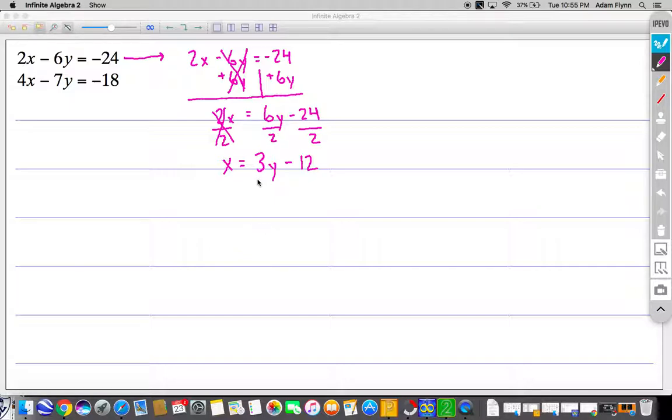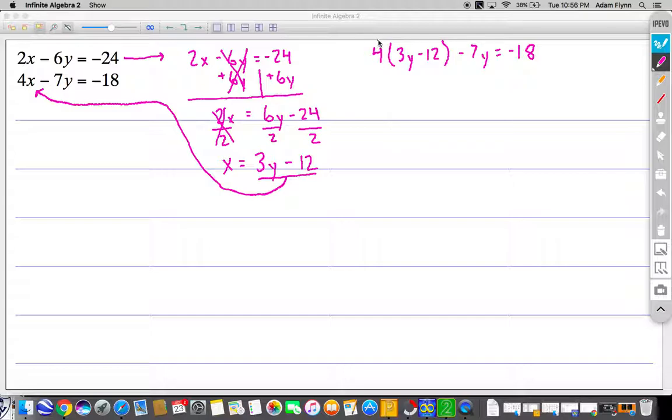So now that I know that x equals 3y minus 12, I will take that 3y minus 12, and I'll plug it in for x in my bottom equation. So when I do that, I end up getting 4 times 3y minus 12 minus 7y equals negative 18.